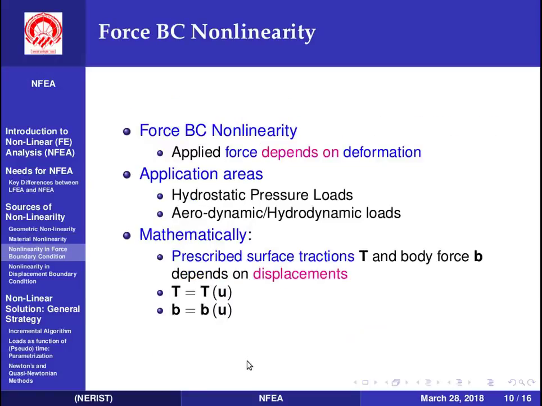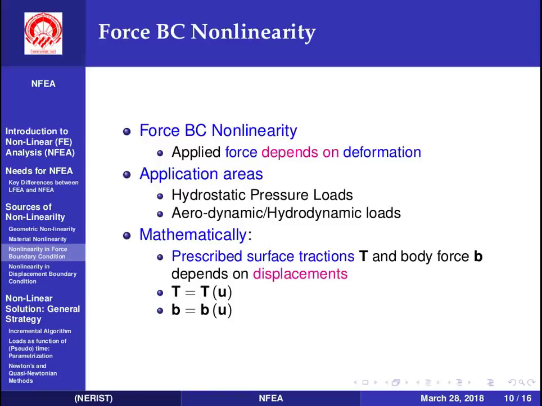Then we have boundary condition nonlinearities, and since we have two types of boundary conditions, mainly force boundary condition and displacement boundary conditions, this nonlinearity can be divided into two categories. The first one is force boundary condition nonlinearity, and this arises when the applied force depends on the deformation.